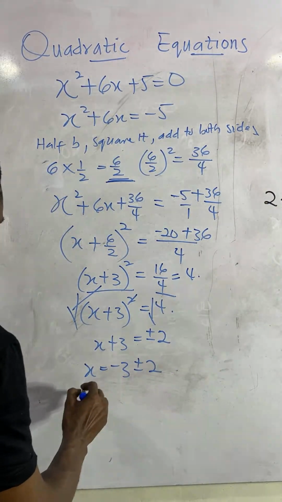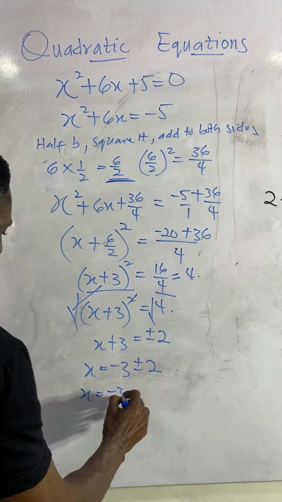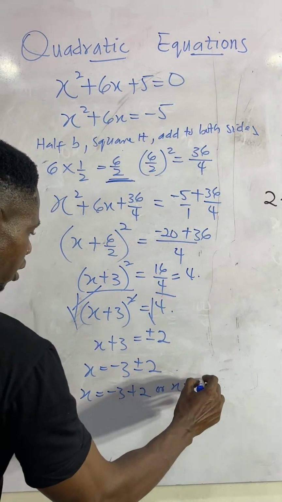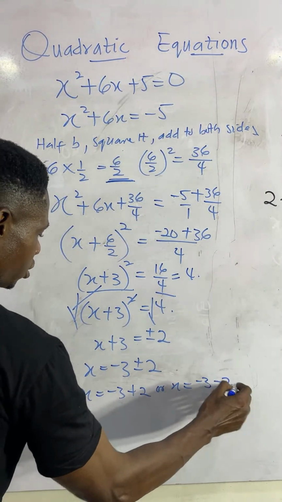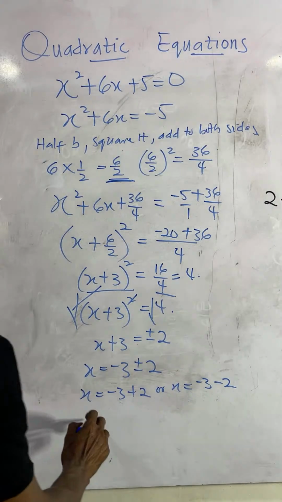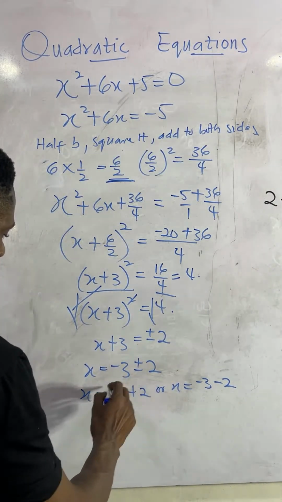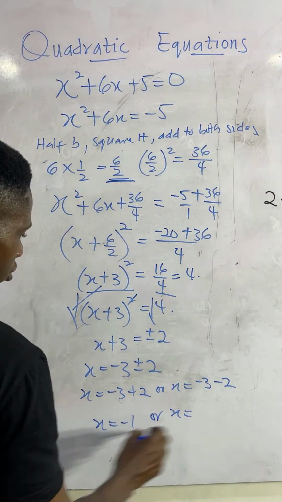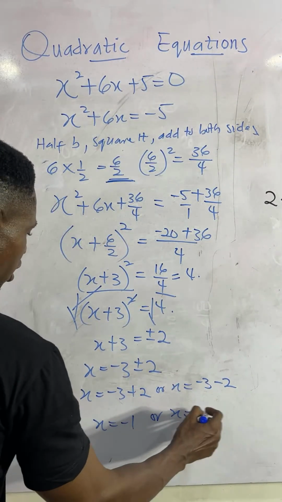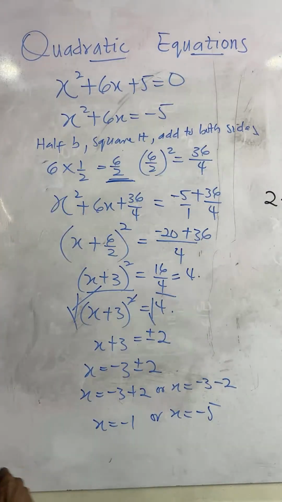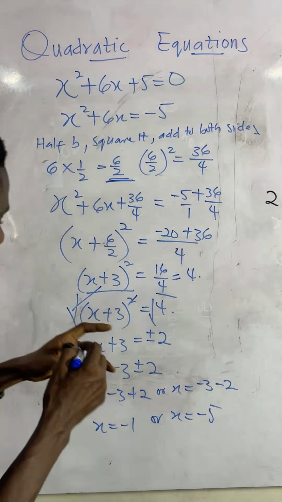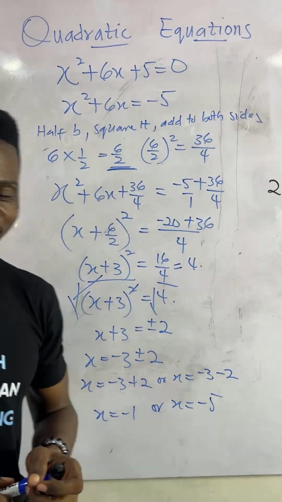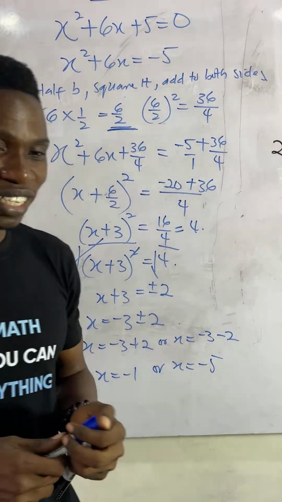And now we can split. So x is either equal to -3 plus 2, or x equals -3 minus 2. So x equal to -3 plus 2, that's -1, or x equal to -3 minus 2, that's -5. So which of you were correct? Check. Who was correct?